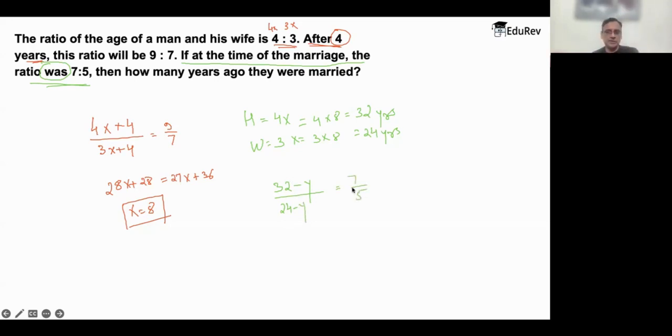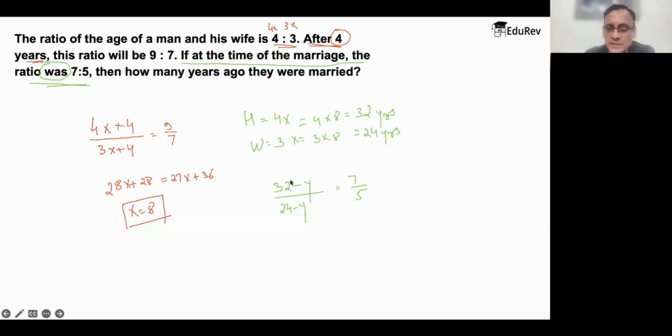So I hope this ratio is absolutely clear how this got formed. Husband at present was 32 years, wife at present was 24 years. Y years back when they got married. So I'm assuming they got married Y years back. So their ages would be 32 minus Y and 24 minus Y, which is 7/5.